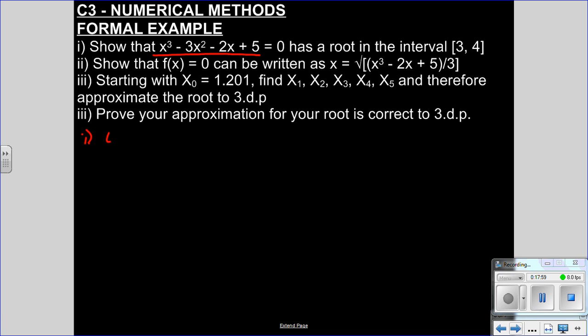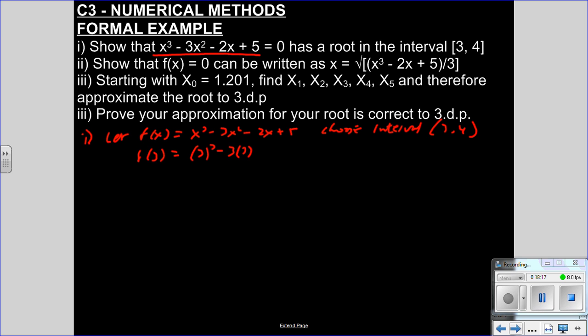So let f of x equal x cubed minus 3x squared minus 2x plus 5. Choose the interval 3, 4. F of 3 then equals 3 cubed minus 3, 3 squared minus 2, 3 plus 5 equals. F of 4 equals 4 cubed minus 3, 4 squared minus 2, 4 plus 5 equals.